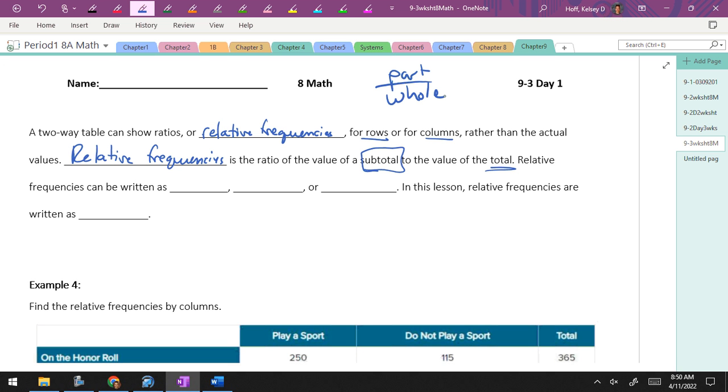Relative frequencies can be written as a fraction, a decimal, or a percentage. In this lesson, we're going to write them as a decimal.